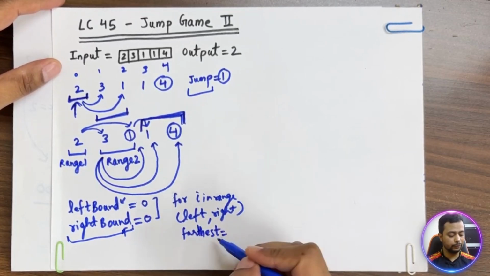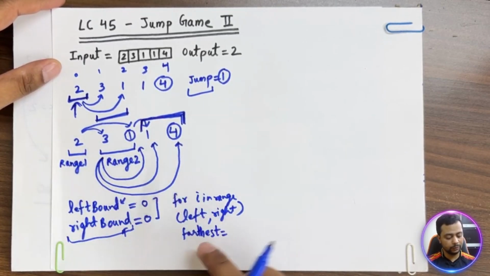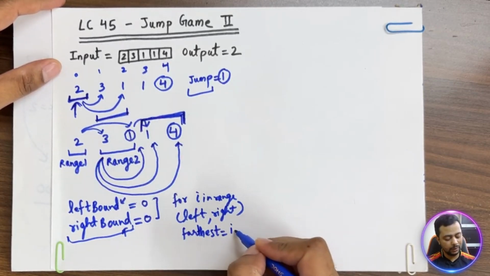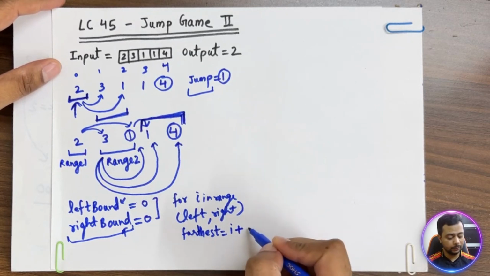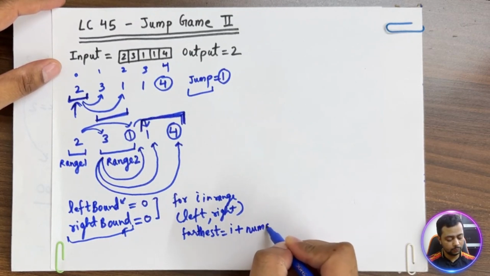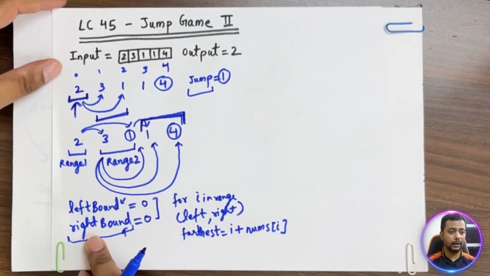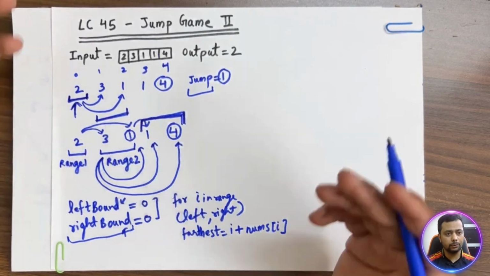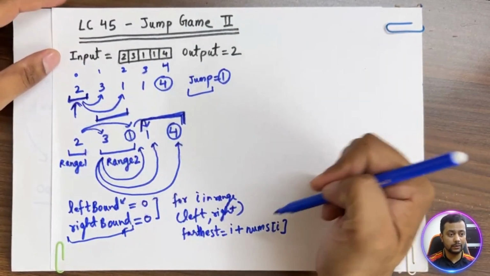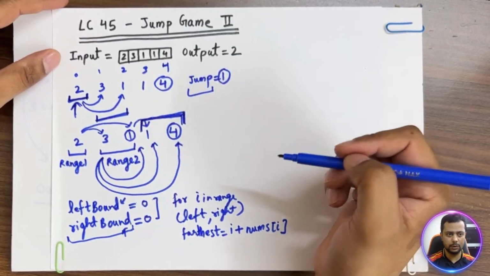We will find out in this particular range which is the farthest reachable position, and that will be from index i. This will be the farthest reachable position from each particular index, and for all the indices lying in this range, we will calculate farthest and set it to right bound. So let's see a dry run of how these variables are getting updated.